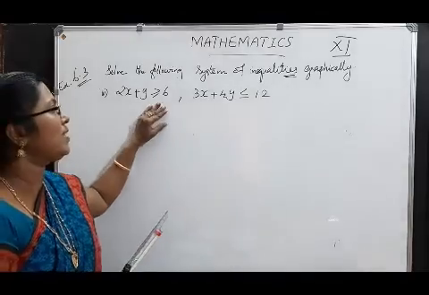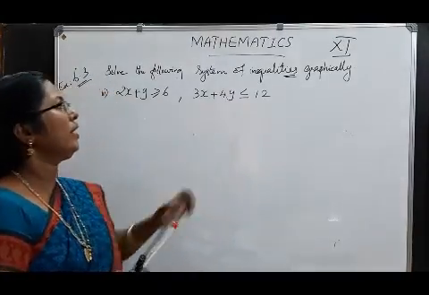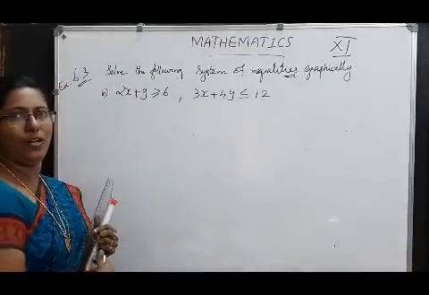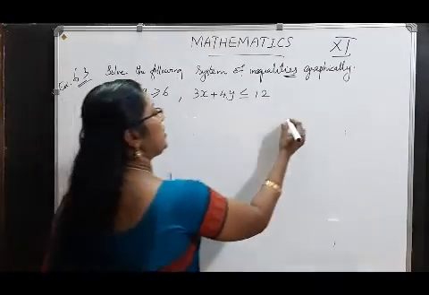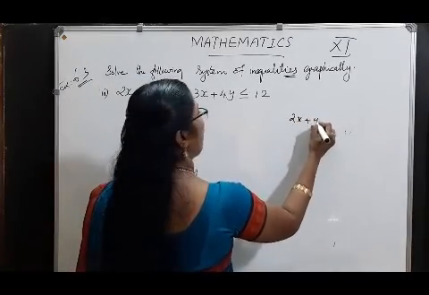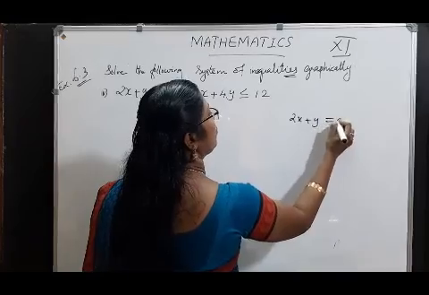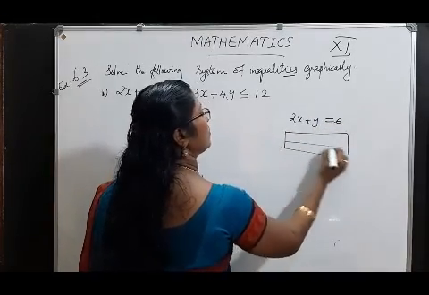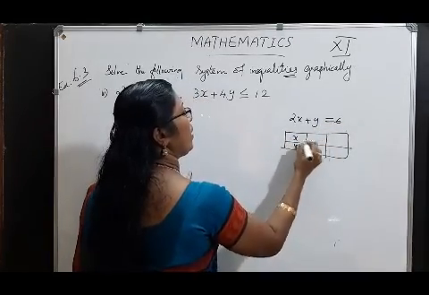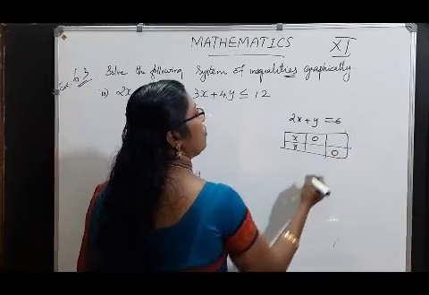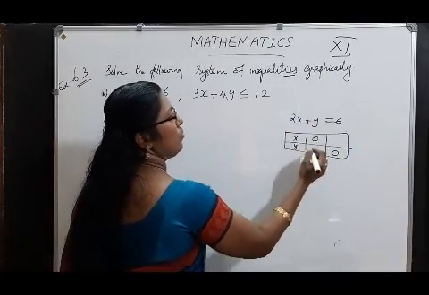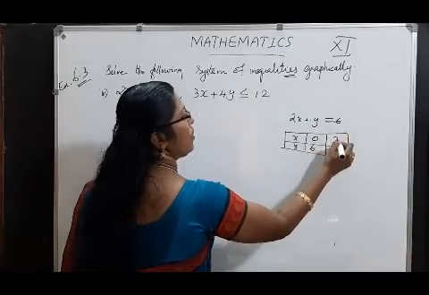Here 2x plus y greater than or equal to 6, 3x plus 4y less than or equal to 12. First of all, find the points. 2x plus y equal to 6: x is 0, y is 6; y is 0, x is 3.